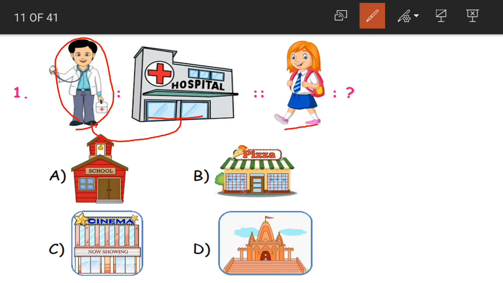So in the given options, which is the correct one? We have school, a pizza center, a cinema theater, and a temple. Yes, students, the correct option is option A. The person doctor here goes to a hospital. We find doctors in the hospital, and in the same way students are those who go to a school.